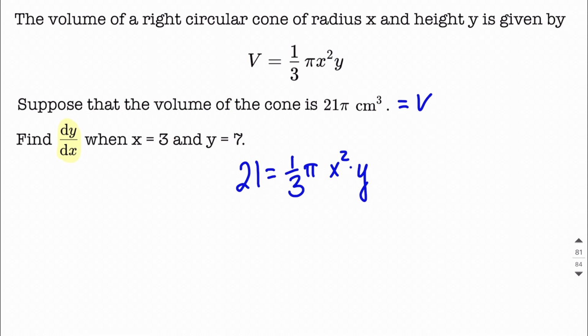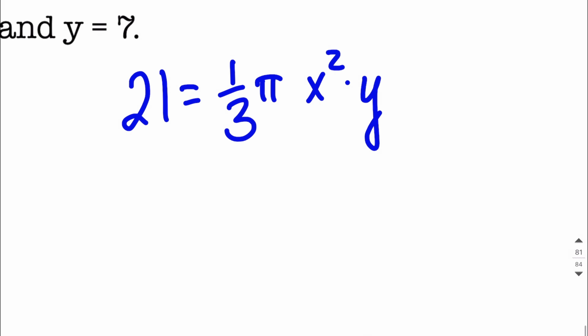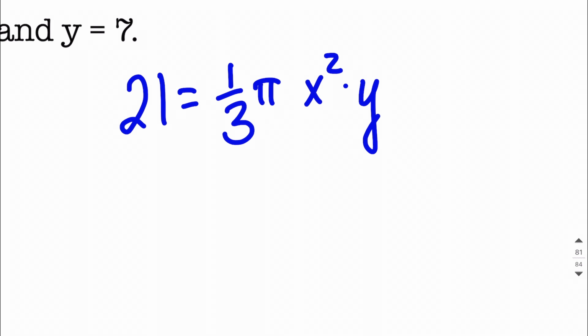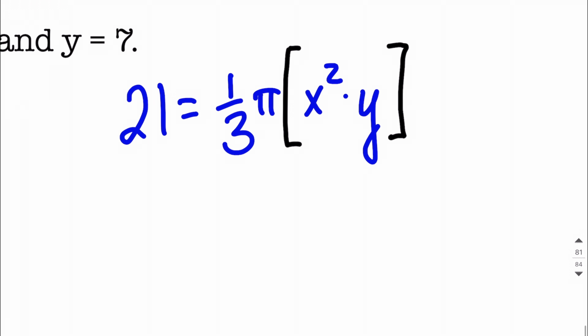So how I'm going to visualize this with our implicit differentiation is basically 1/3 pi is a constant, so I'm going to leave that alone and it's going to carry along to the next step. And I'm going to worry about what I've put in brackets and really plan out how we're going to take the derivative of this. Well, we have two different functions with two different variables, and they're being multiplied together, so I'm going to visualize this as f multiplied by g.